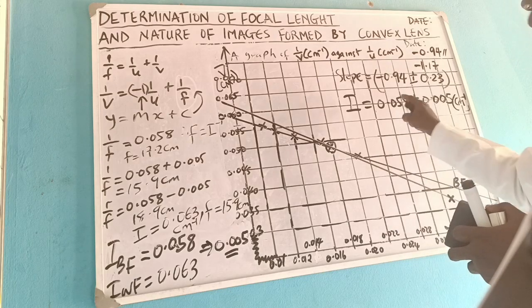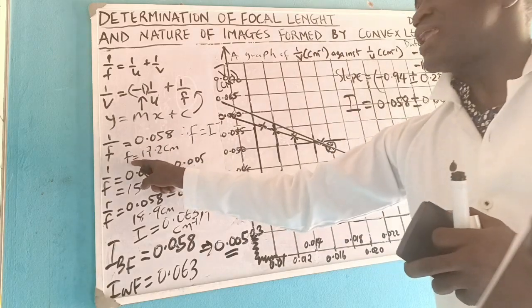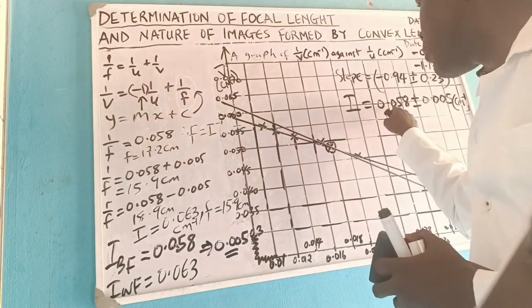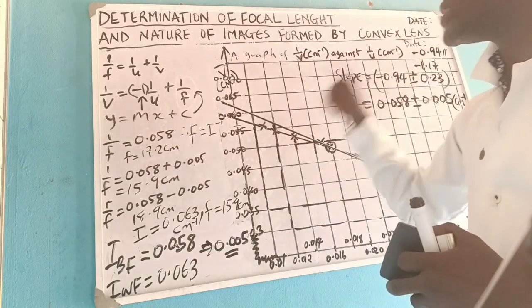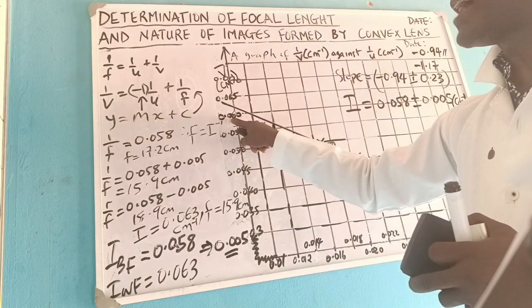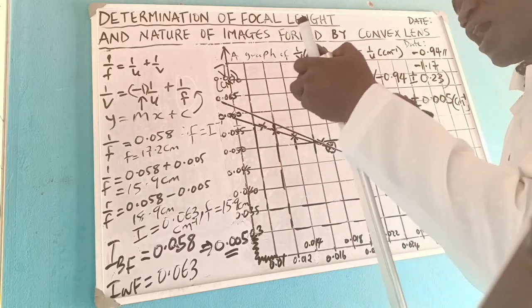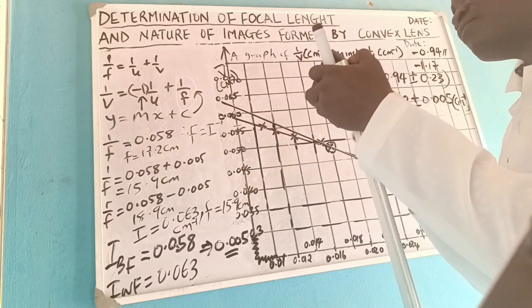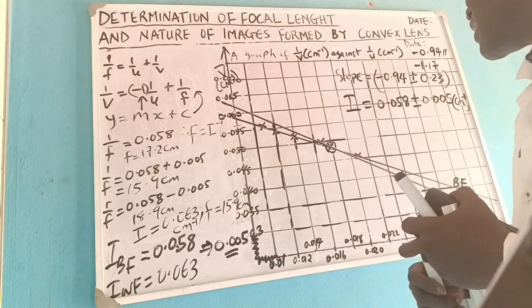Then you can only use this intercept to get your what? Focal length by getting inverse of 0.058. It is 17.2 cm. Someone can say that what it has here is 0.059. If it says it is 0.059 that you have, 0.059 inverse, you still have it at 16.9 cm. Are you getting it?